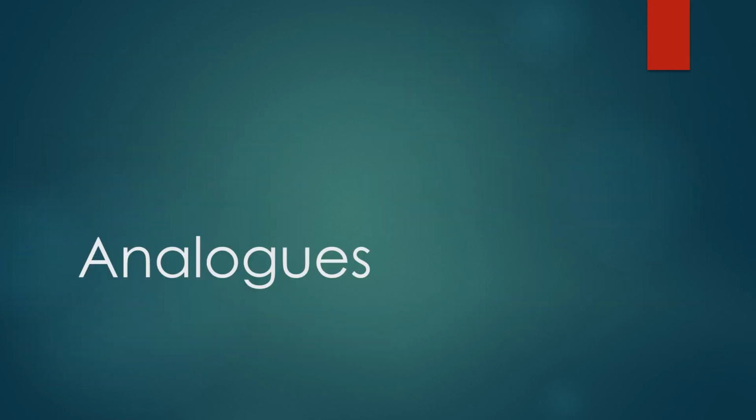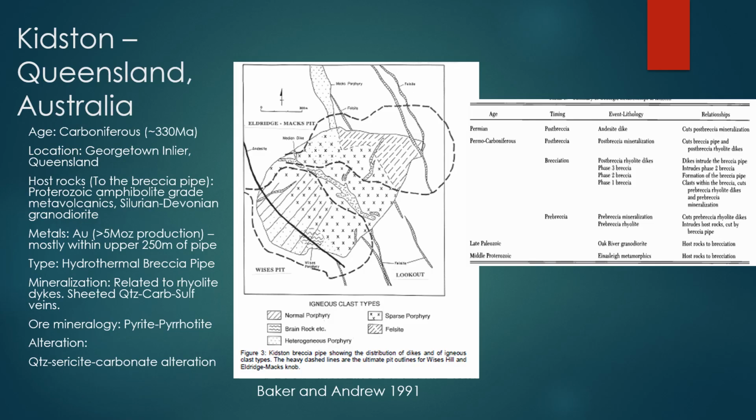I'm now going to move on to some analogues to compare what we see with the Paterson Orogen to some other intrusion-related gold deposits worldwide. So we're going to stay in Australia first and go to somewhere called the Kidston deposit. It's located in the Georgetown Inlier in Queensland, and it's a Carboniferous aged breccia pipe that was created by the intrusions of a bunch of rhyolite dikes into Proterozoic aged metavolcanics.